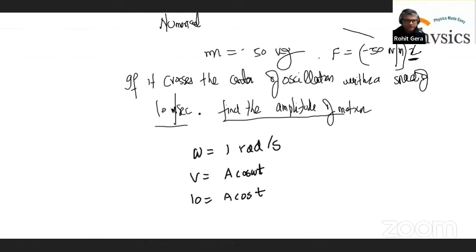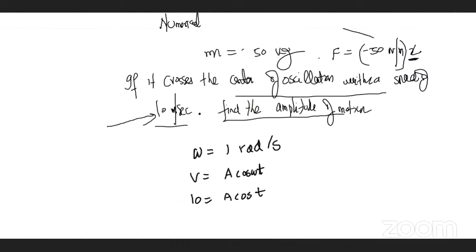It is the center of oscillation with a speed of so and so. So when it crosses the center of oscillation, what is special about it? The energy it has is completely kinetic energy, right?